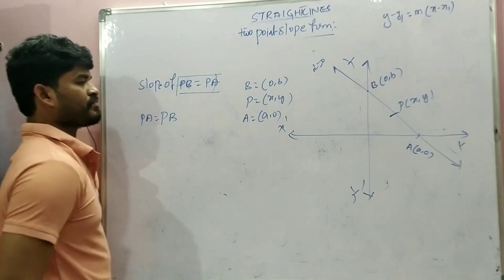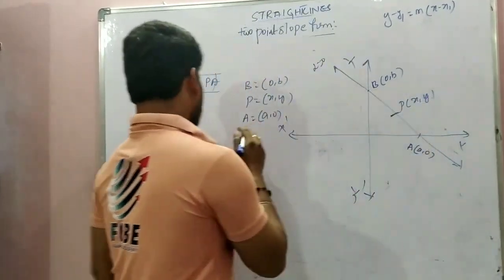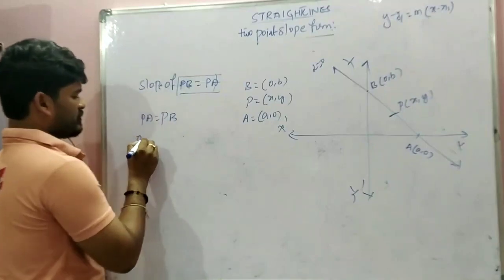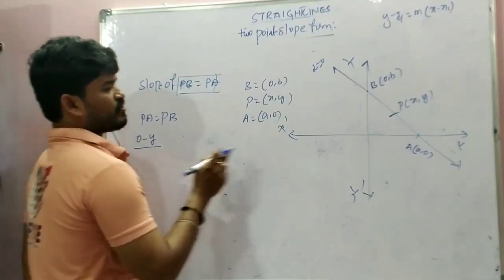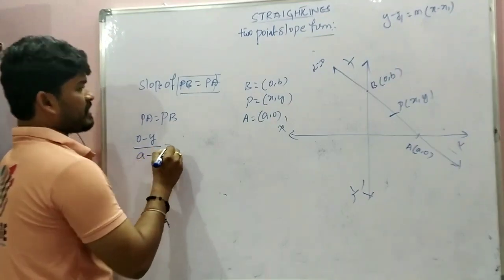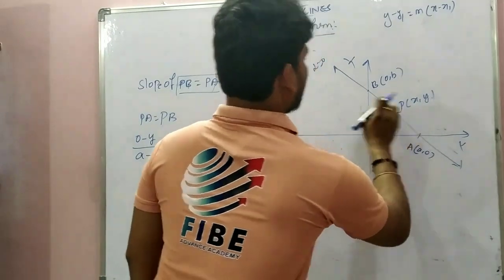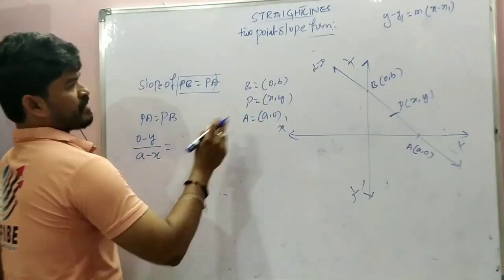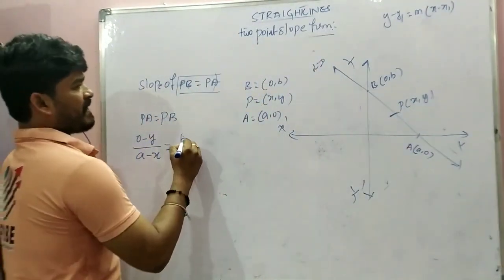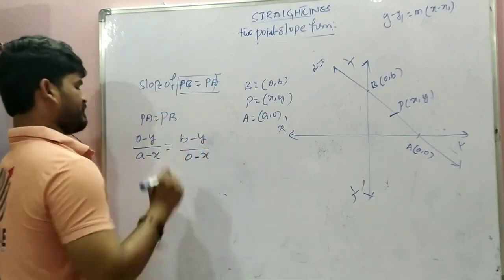Both are equal, right? The slope of PA is nothing but (0 minus y) divided by (a minus x). Next, the slope of PB is (b minus y) divided by (0 minus x).